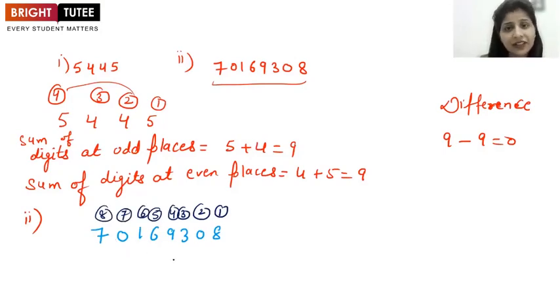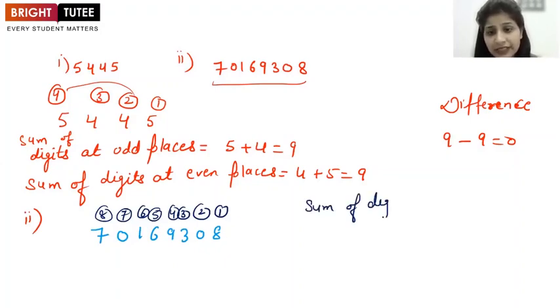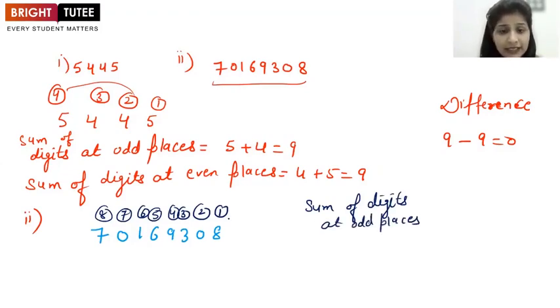Out of them, 4 are even, 4 are odd. So if I take the sum of digits at odd places first: I have 8, then at third position it is 3, then fifth position it is 6, seventh position it is 0. Add them. 8 plus 3 is 11, 11 plus 6 is 17.